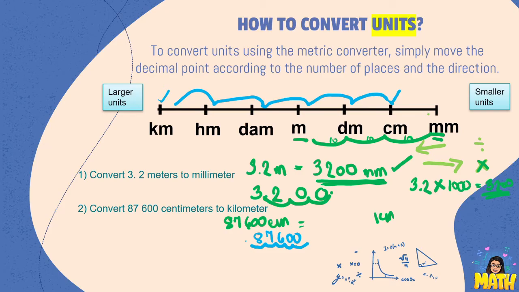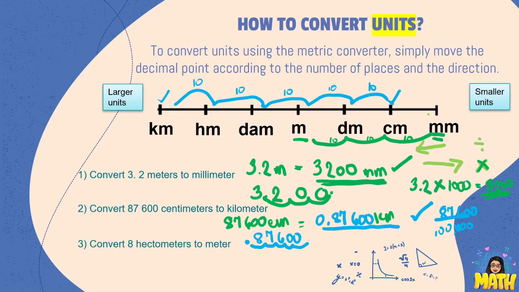Therefore, nandiyan na ang ating decimal point. So, it will become 0.87600 kilometers. And then, kung talagang i-compute nga natin, it will become 87,600 divided by 10 times 10 times 10 times 10 times 10, which is 100,000. So, rather than doing division, mas madali kung i-move lang natin ang decimal point.